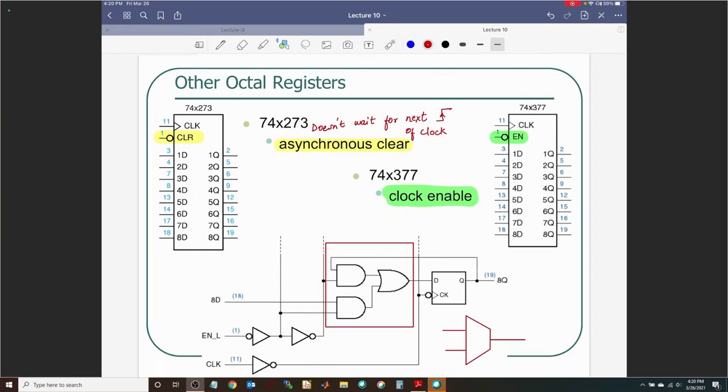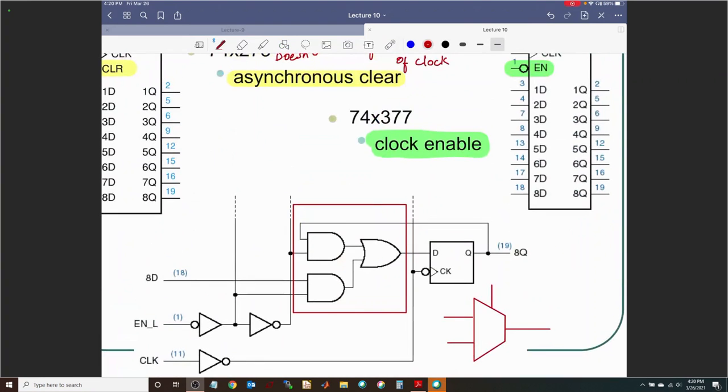What is my select? My select is actually enable underscore L, an active low enable. And it could be a 0, it could be a 1.